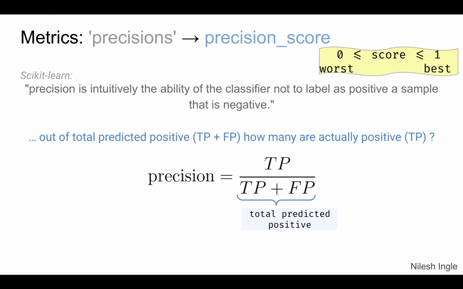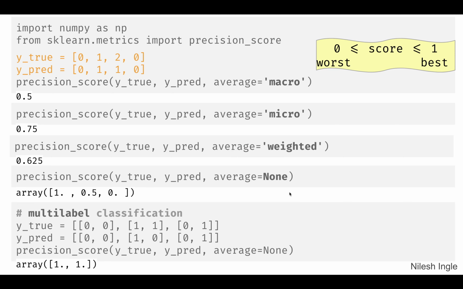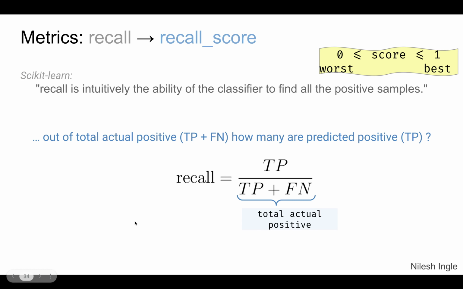Now moving on, there is something called precision score. The precision_score relation is the same as we saw earlier, true positives divided by total predicted positives, and the implementation is standard as we saw earlier. Again, this has the arguments that can be used: macro, micro, weighted, and none, and it can also be used for multi-level classification.